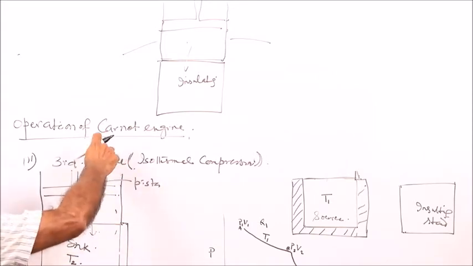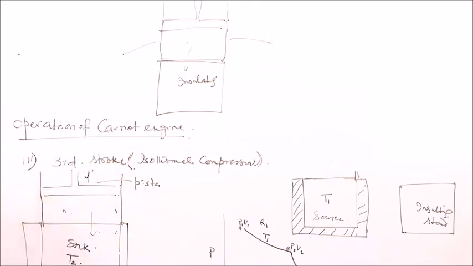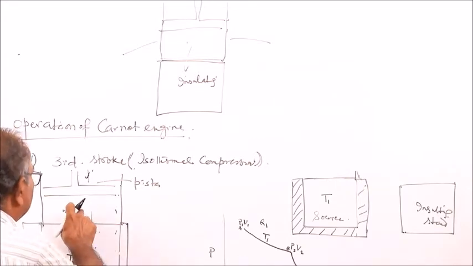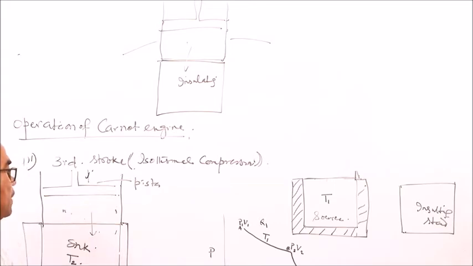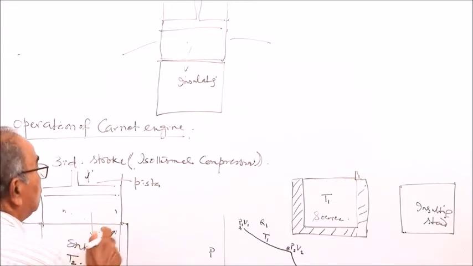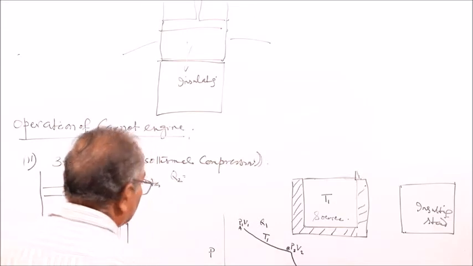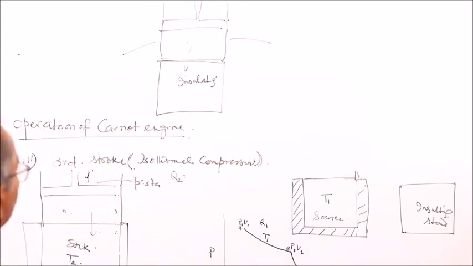That means we have done some work on the working substance. This is a compression and the temperature remains the same, so this is isothermal compression. Q2 is the amount of heat that is rejected to the sink. This is the third stroke of the engine.